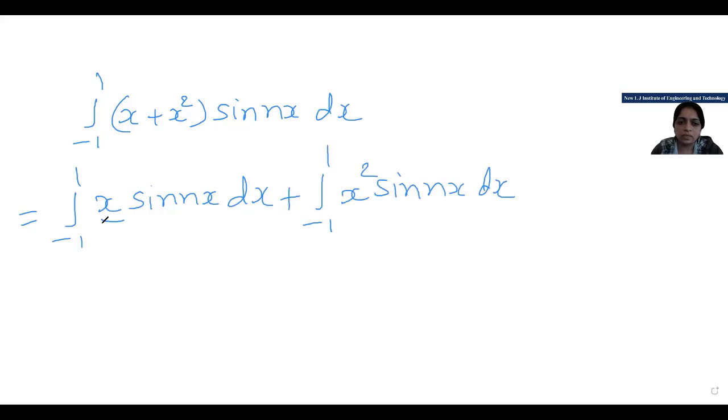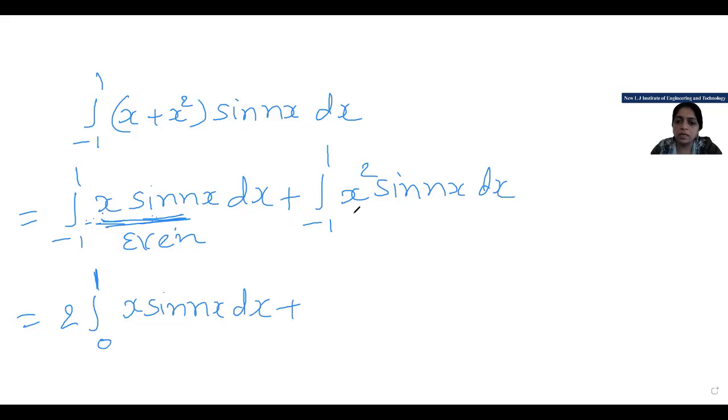So this x is odd, sine is also odd. So odd into odd is an even function. Students, remember, odd function into odd function is even. So the whole function is even. So we put 2 times the integral from 0 to 1 of x sin nx dx. Plus here x square is even, sine is odd. Even into odd is always odd. So here our direct answer is 0.